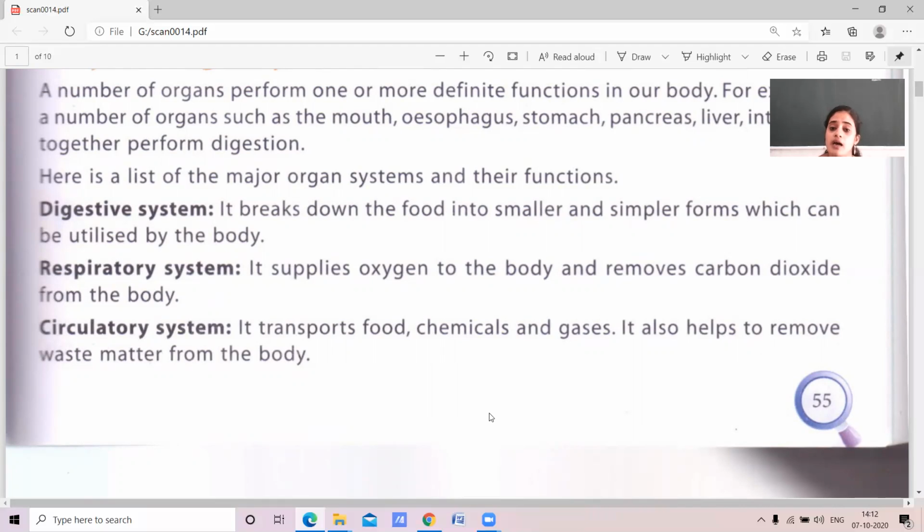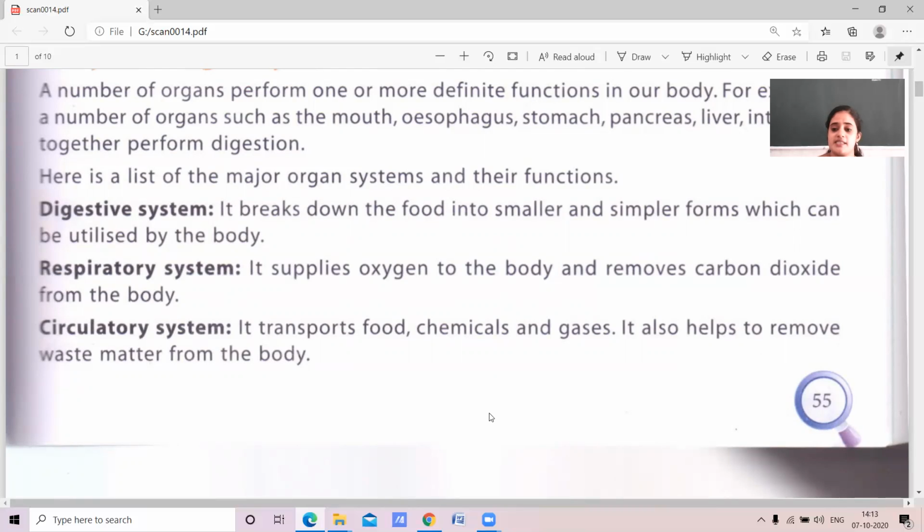So, the lungs help in respiration. Our body takes in oxygen and gives out carbon dioxide. We call that process the respiration process. That is done by the respiratory system.